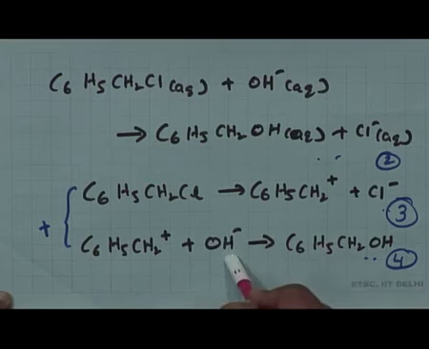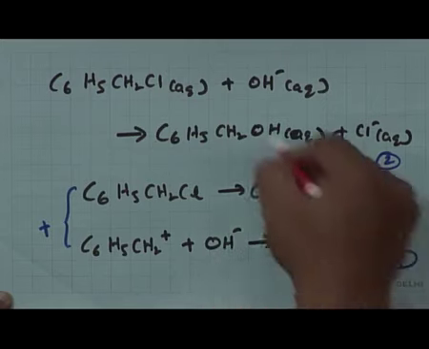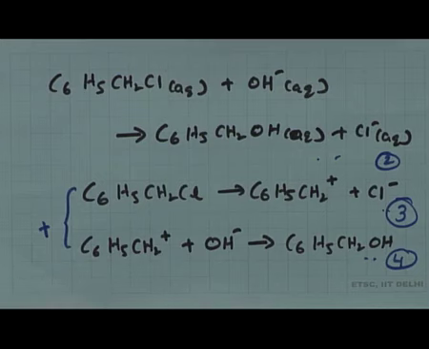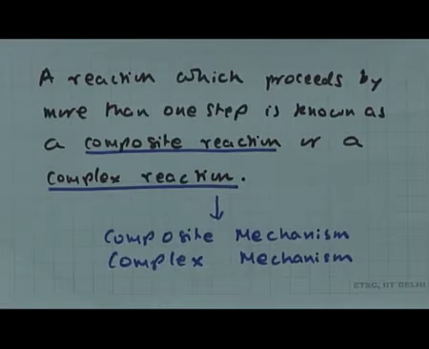These two different elementary reactions when summed up give us back the complex reaction, or the reaction which is happening not in one step, but in multiple steps. Now, this is something very important for you to understand. Okay. So, as I said, a composite reaction is any reaction where the mechanism would involve at least 2 steps, that means definitely more than one step.